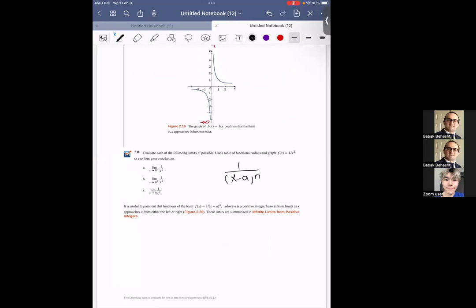So what is the limit of 1 over (x minus a) to the power n when x goes to a from the right-hand side, a plus? This is equal to always, and n is a positive integer. So here n is a positive integer.